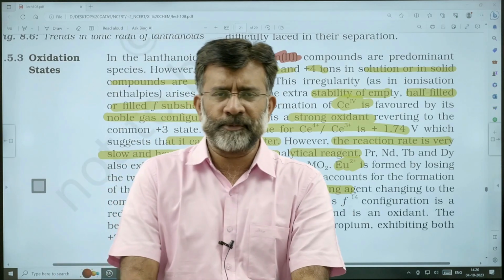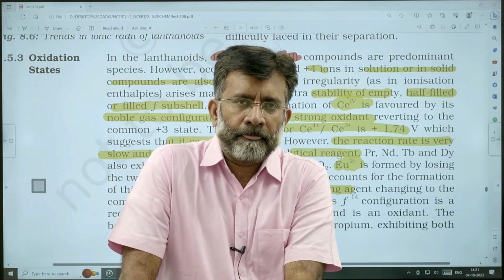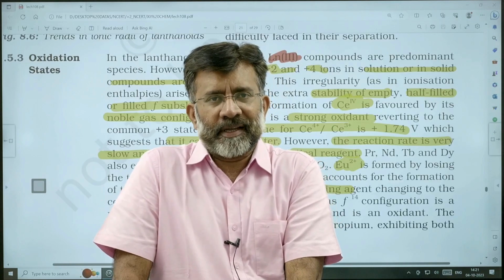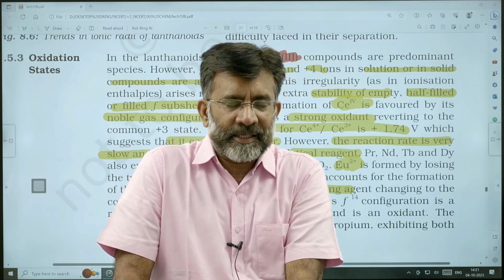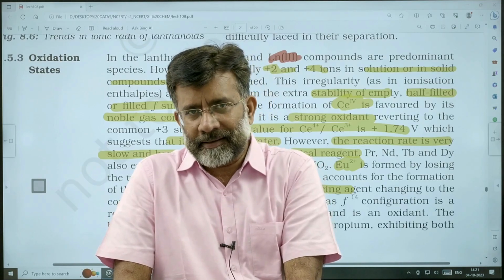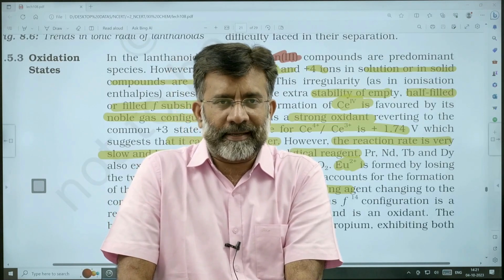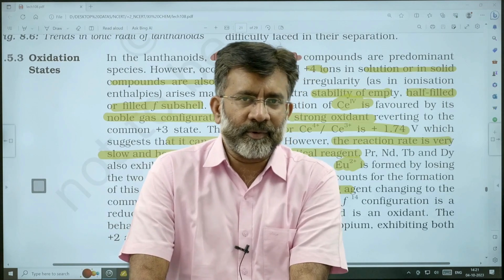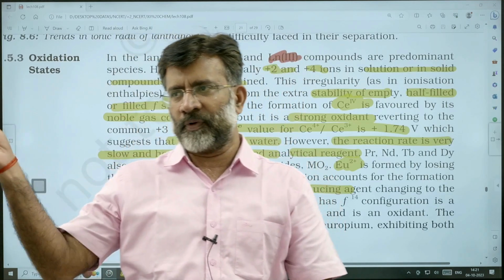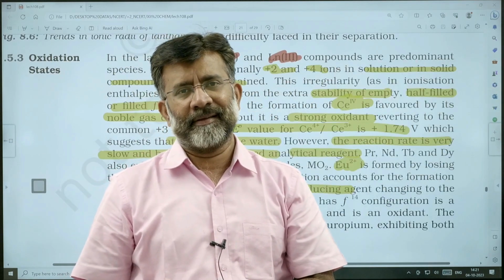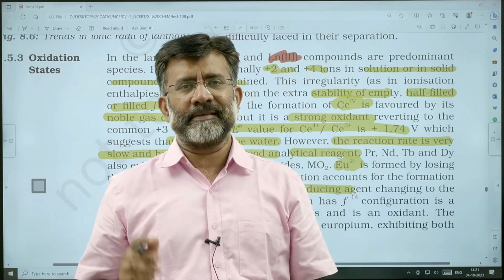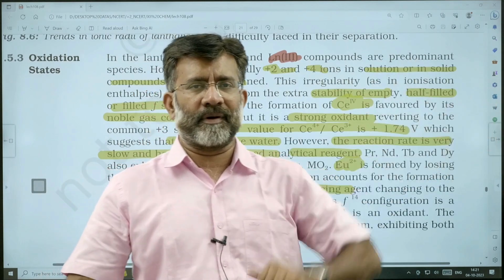So a species in the +4 state will act as a good oxidizing agent, and one in the +2 state will act as a good reducing agent, because +4 will come back to +3 and +2 will go to +3.